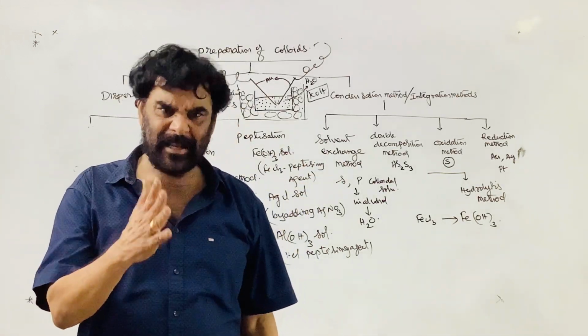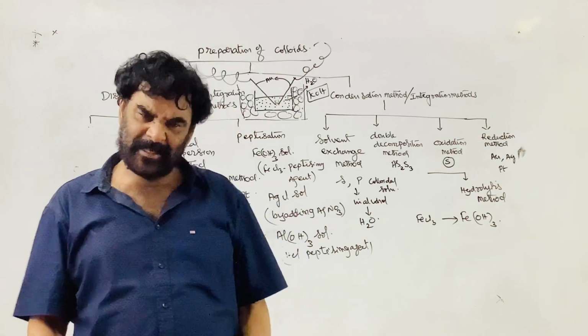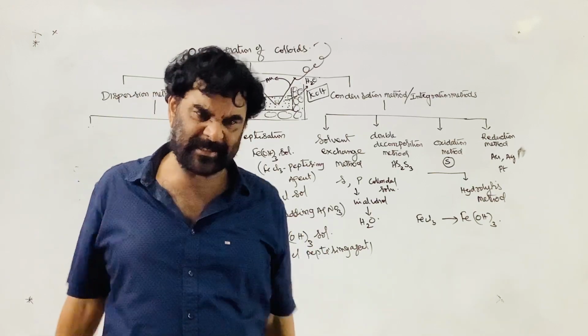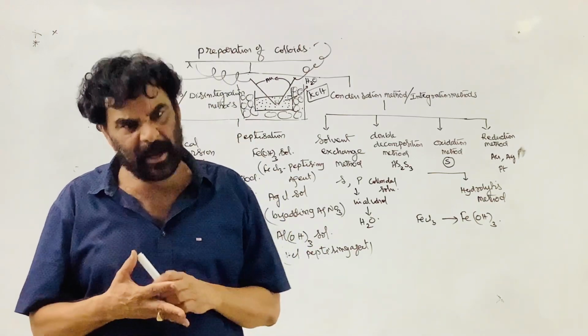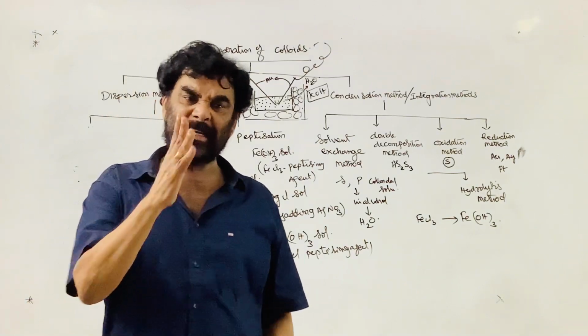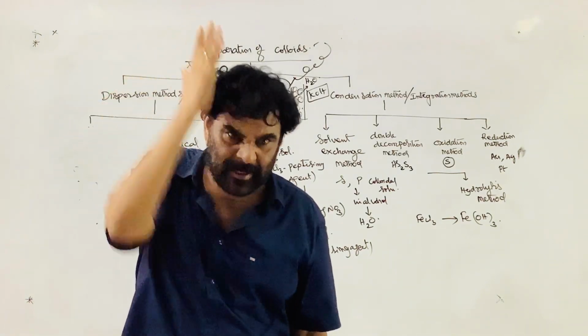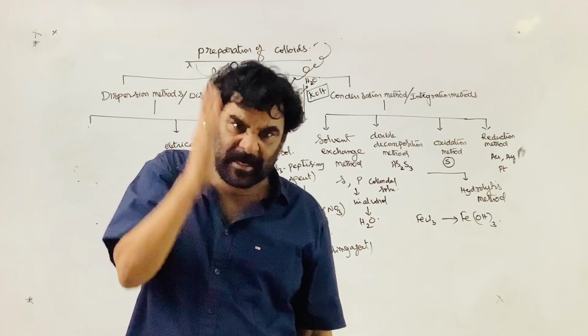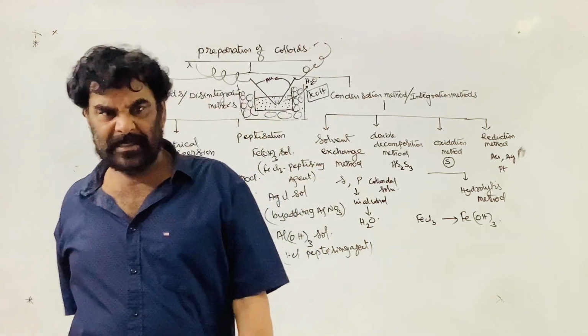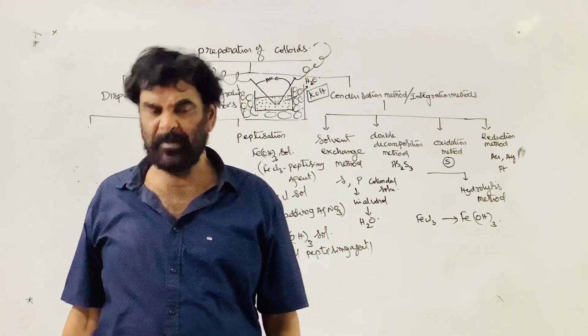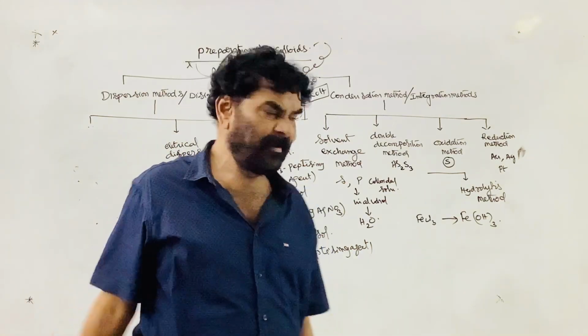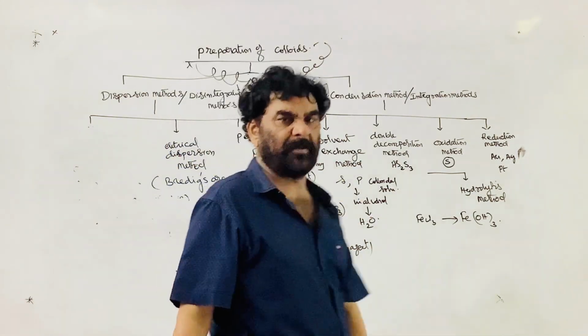See, it is not colloidal, it is a precipitate, meaning the size of the particles is greater than colloidal particles. By using a specific technique you break the bigger particles into particles of colloidal size. That technique is called the peptization process.